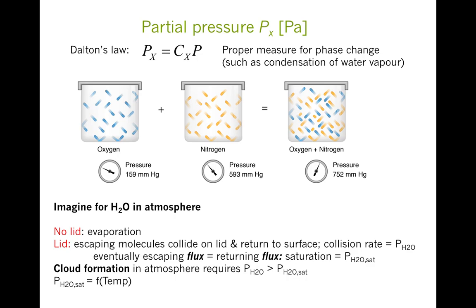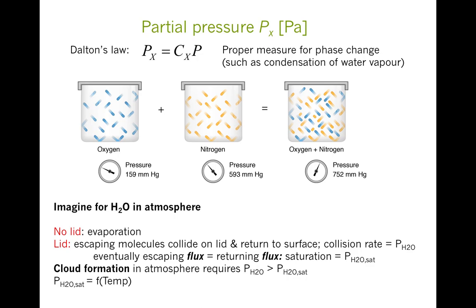So here you could imagine the atmosphere, I told you a few slides ago, is mostly nitrogen and oxygen, right? And the pressure that the atmosphere has primarily derives from the pressure of those two individual diatomic gases. And that total pressure is the sum of the individual pressures due to oxygen and due to nitrogen.